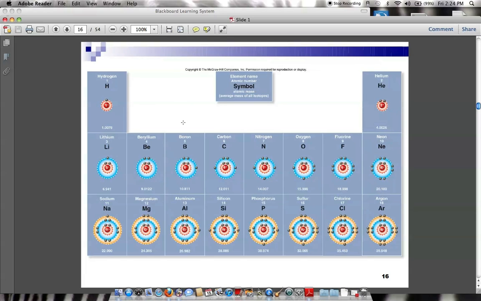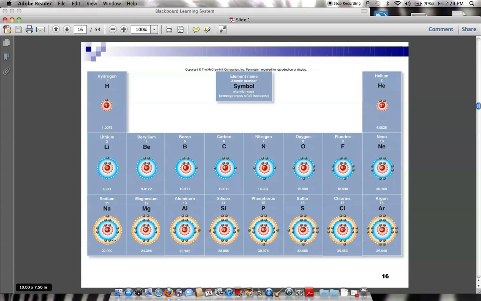So let's take a look at the periodic table. You can see that the periodic table is giving us the symbol for the element and the atomic mass, and it has the proton in here, and then it has the electron. It's really showing an electron dot formula here.